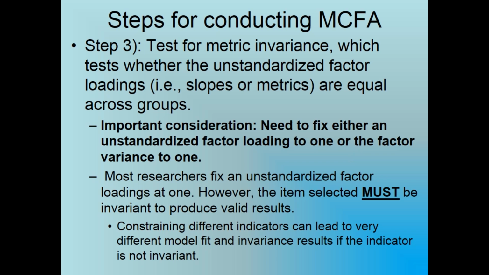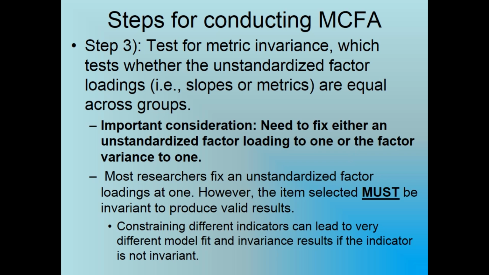Remember, you can set your scale by fixing a factor loading equal to 1 or a factor variance equal to 1. This is important in invariance testing because you're fixing them to be 1 for both groups, say male and female. So if they're both 1, then of course that factor loading is going to be equal across both groups. But the question is, in reality, are they really equal?